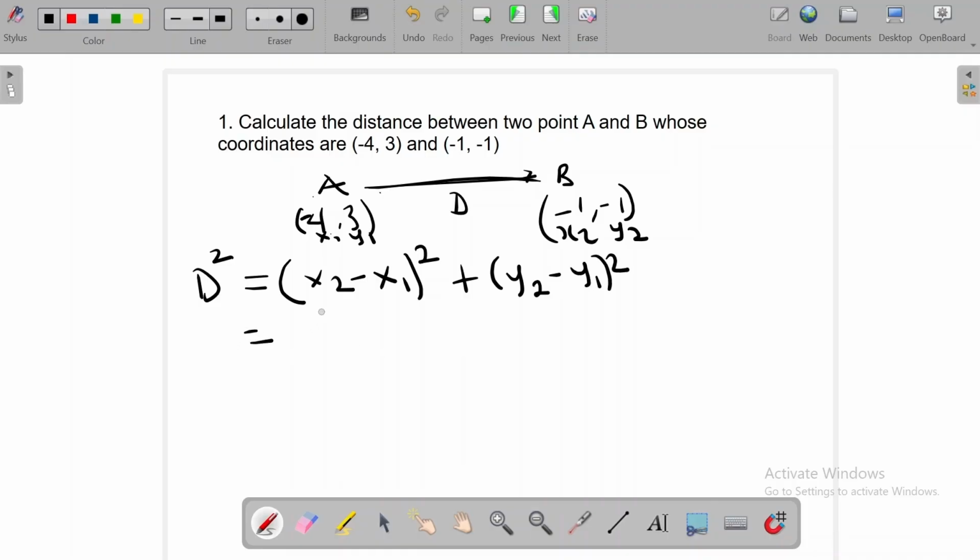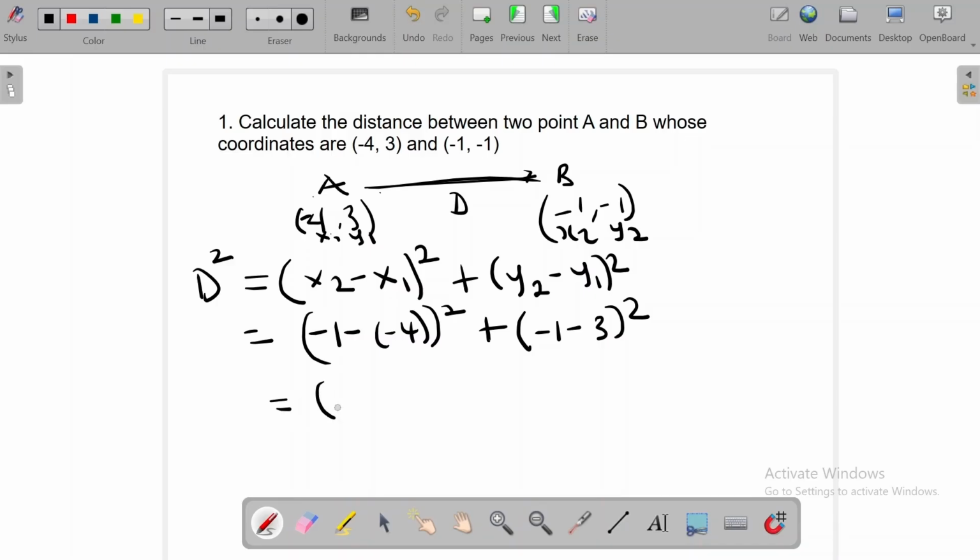So this becomes, what is my x2? Negative 1, minus x1 is going to give me a negative 4, all squared, plus y2 will give me a negative 1, minus, what is y1? That is 3, all squared.